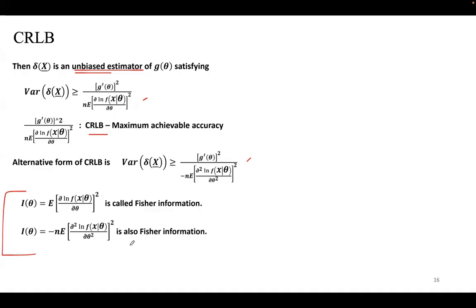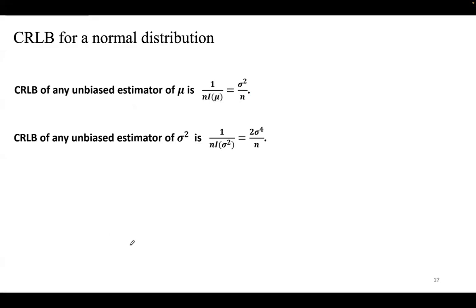Before we do any examples, one example that was discussed in the class is for a normal distribution, the CRLB of mu and of sigma square are these values. This will come in handy for some of your questions in this week's assignment.